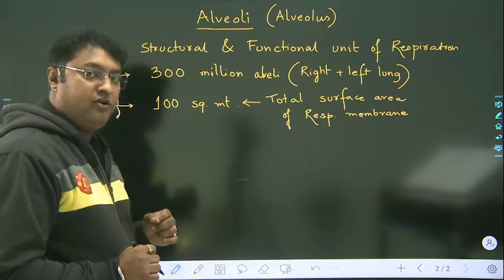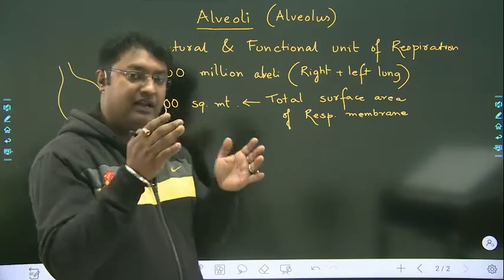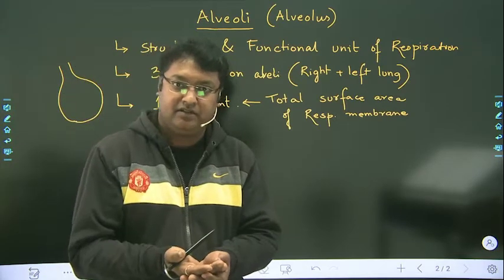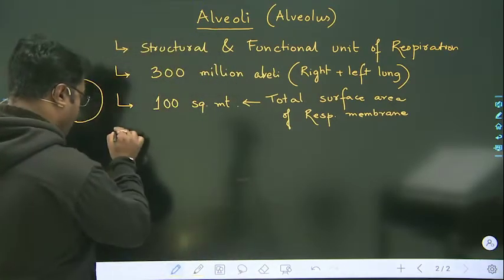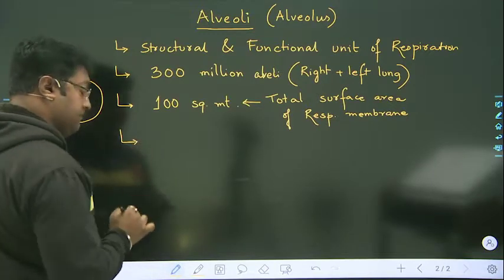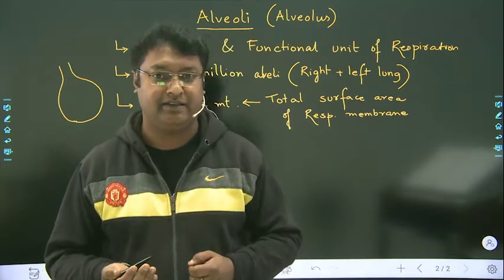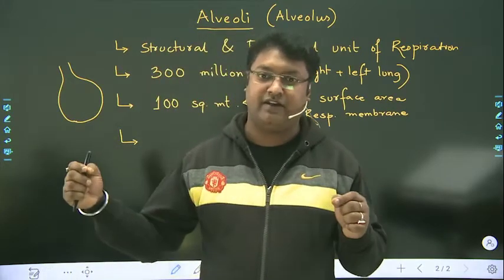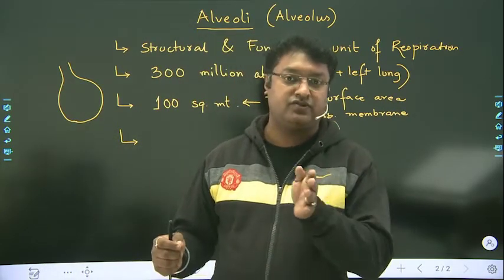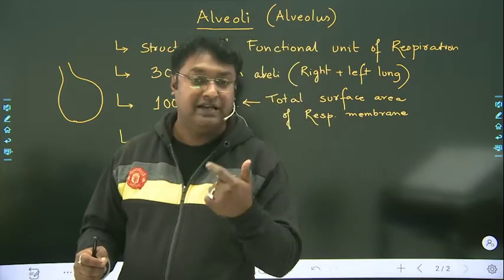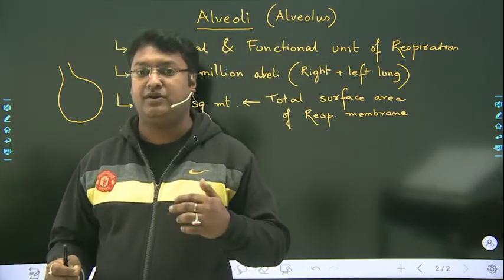Now, if we talk about the alveoli, it is generally made up of two types of cells, and there will be a layer of epithelium covering it. So first we have to get through what the epithelium name is, because earlier when we were talking about epithelium, that was a long name, pseudostratified columnar ciliated glandular epithelium.